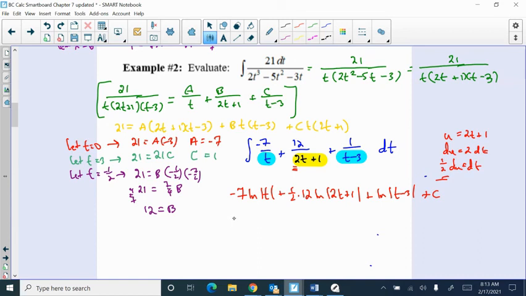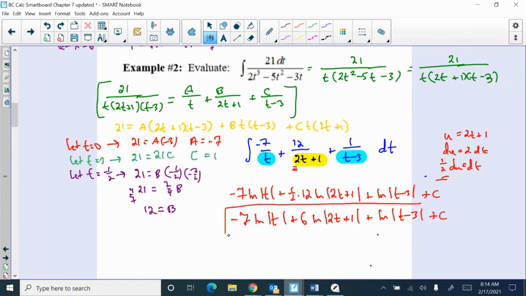I wouldn't do too much more. -7 natural log of t plus 6 natural log of 2t plus 1, and then plus the natural log of t minus 3. And you could have this for as many factors as you want. Now, what happens if you have a repeated factor, or what happens if you have a quadratic factor? That's what we're going to look at next, in those examples.